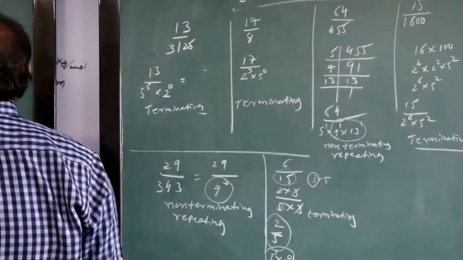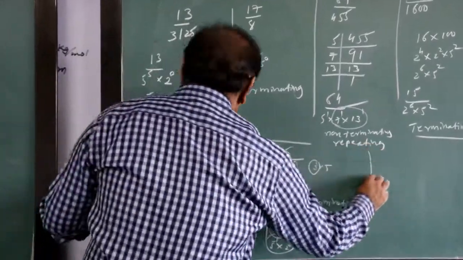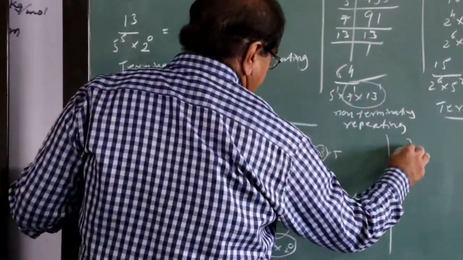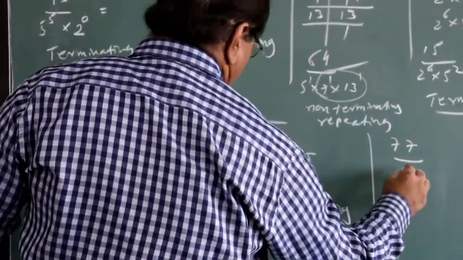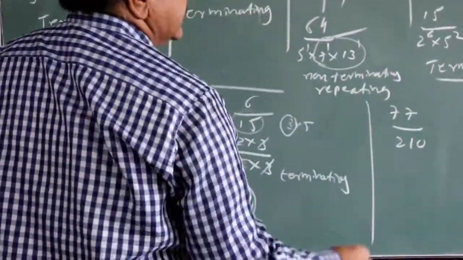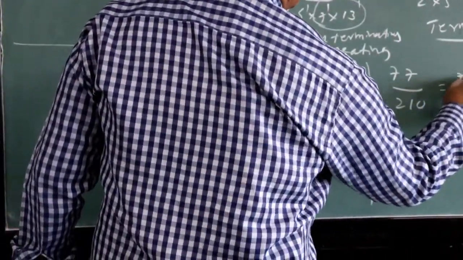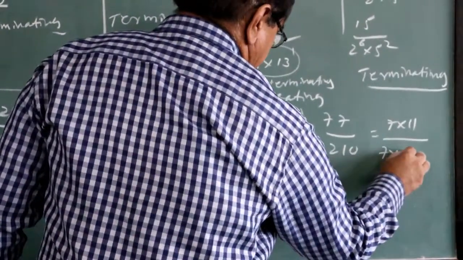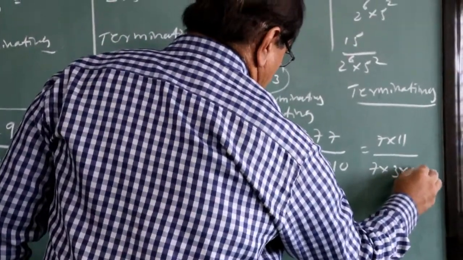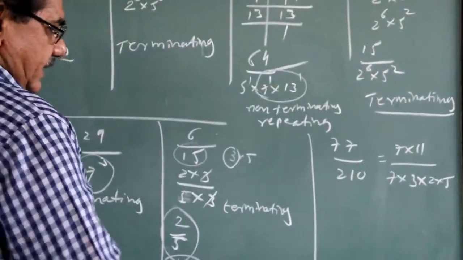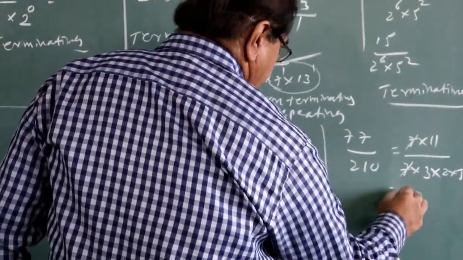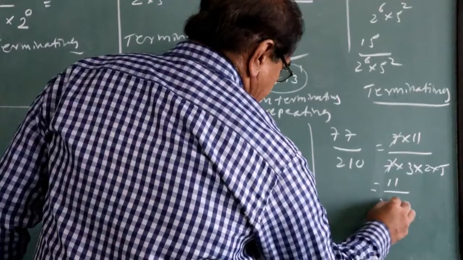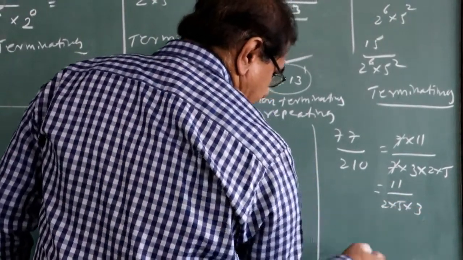And finally, last one I take, it is 77 upon 210. 77 is 7 11s and 21 means 7 3s, into 10 means 2 5s are. 7 7 cancel. So 11 upon 2 into 5 into 3.